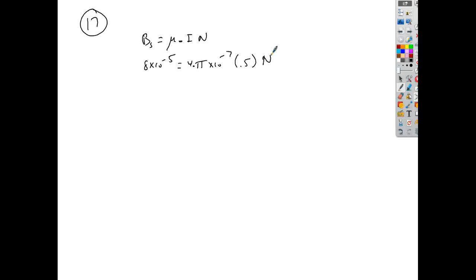The 8 cancels out. I get something awful like 1 over pi times 10 to the second. So let's just put that in our calculators, for physics students, not mathematicians. So I got 8 exponent negative 5 divided by 4 divided by pi divided by 1 exponent negative 7 divided by 0.5.